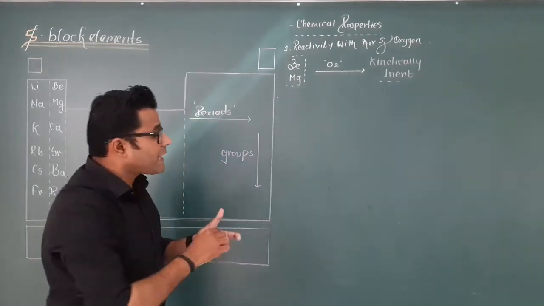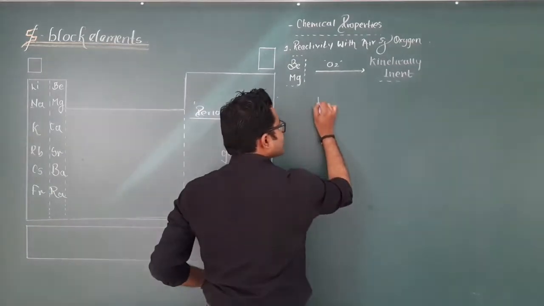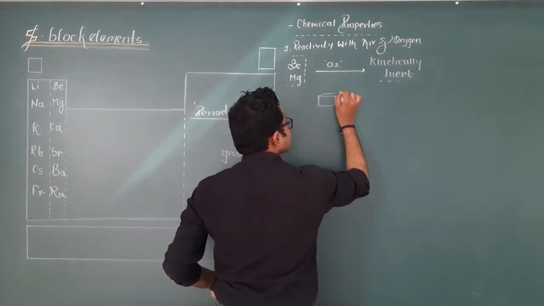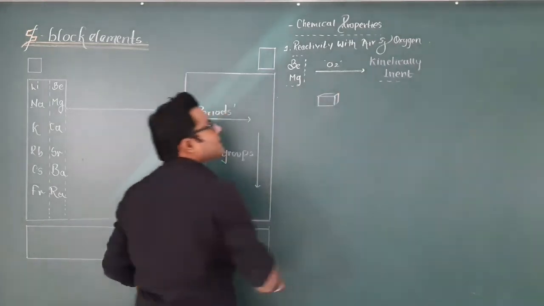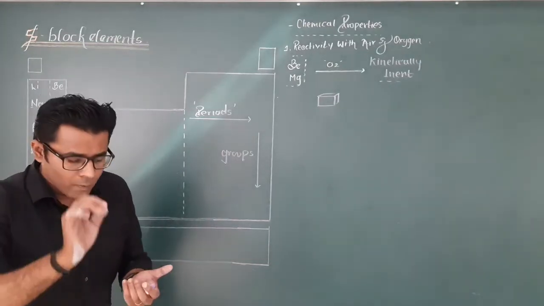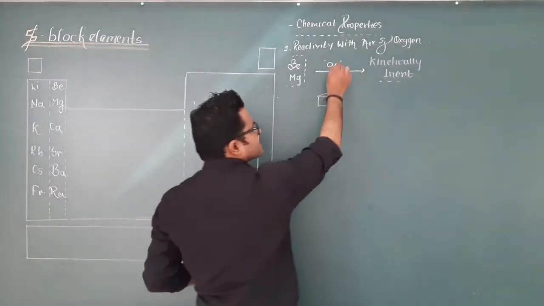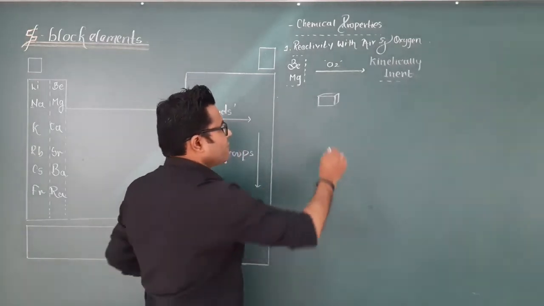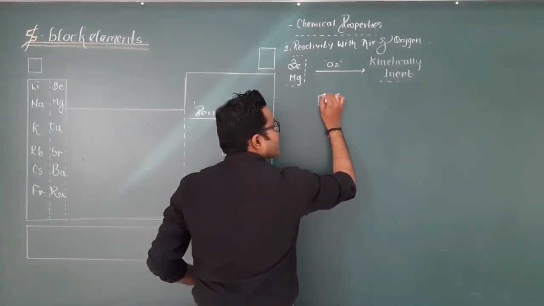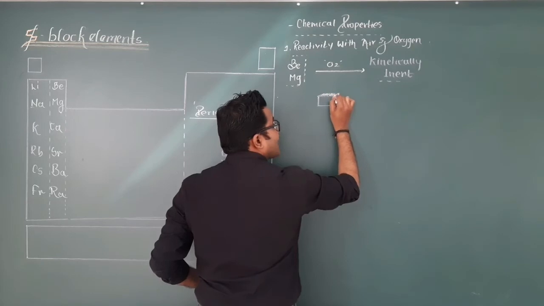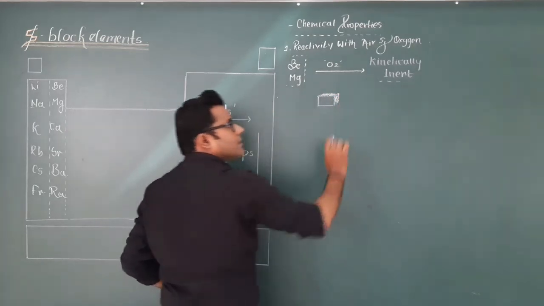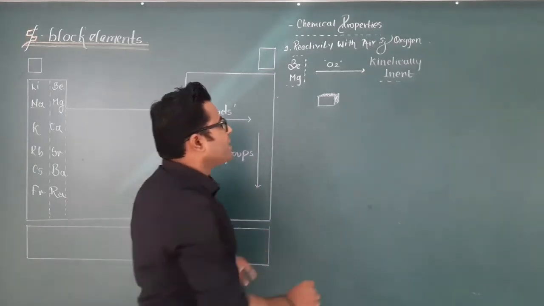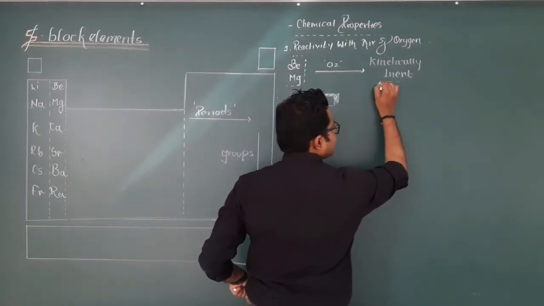Whether it is magnesium or beryllium, as it starts reacting with oxygen, at the initial stage itself it will form a film of oxide on the top, resulting in which it becomes kinetically inert.